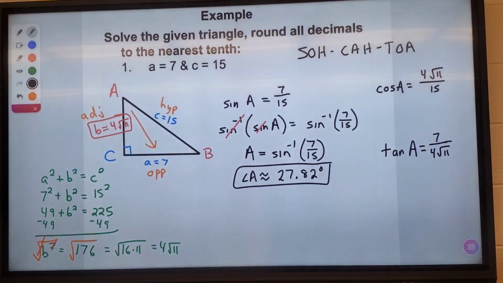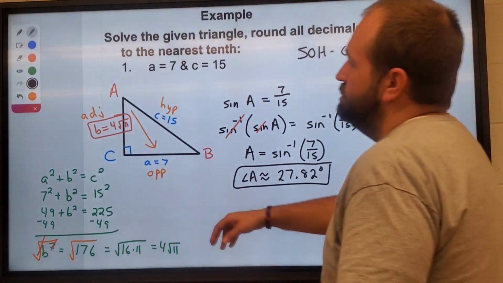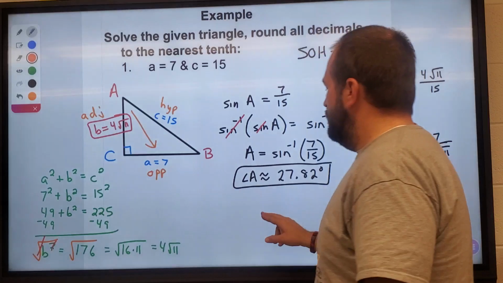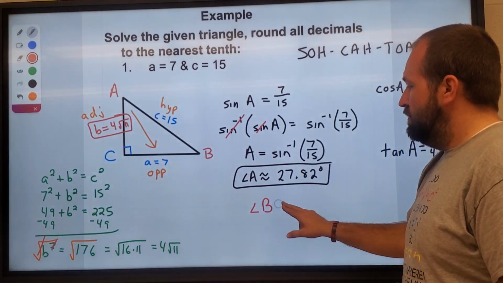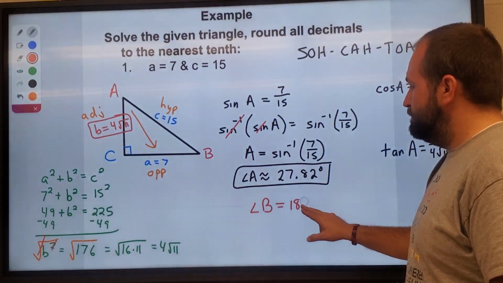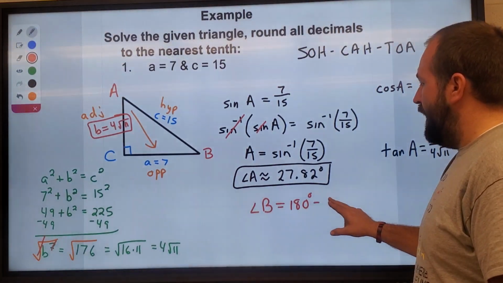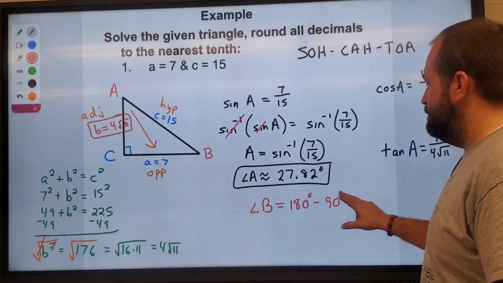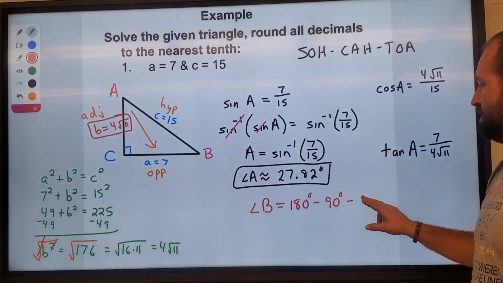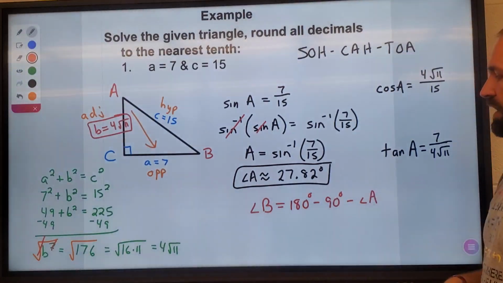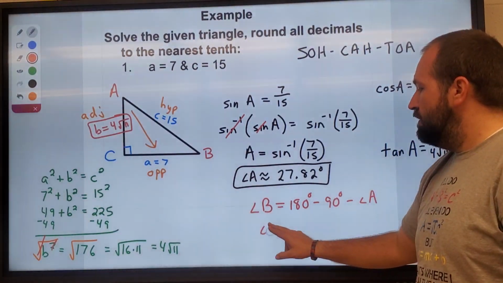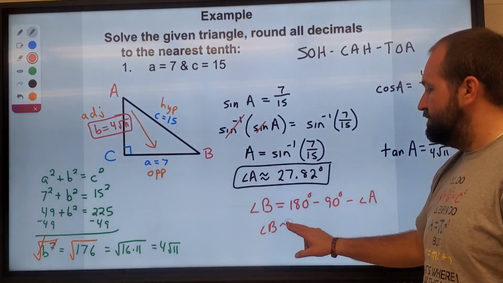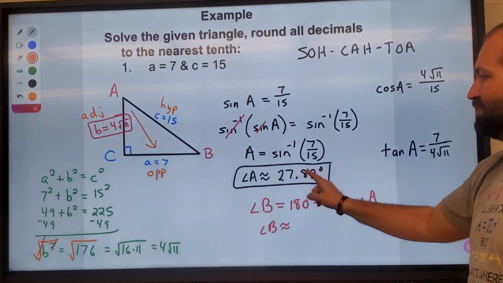The third thing that we need to find, and the last thing we need to find, is angle B. To do that, we're just going to go back to the fact that in a triangle, we have 180 degrees. We're minusing the 90 degrees for that right angle, and then we're subtracting, again, angle A, and I'll just write it so that you can see it. Now angle B, and I'm going to change this from an equal sign to an approximate, because we've rounded this off.